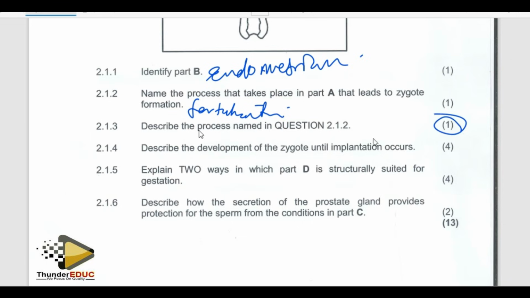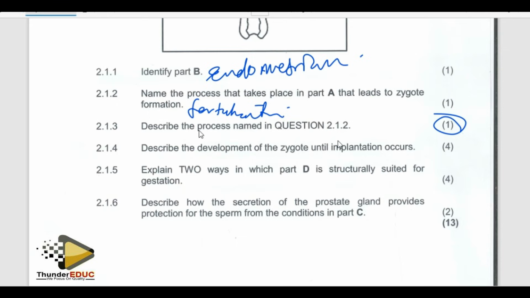Describe the process named above, 1 mark. Describe the process of fertilization. It means that you have to make it as simple as possible. Fertilization is when the haploid nucleus of the sperm fuses with the haploid nucleus of the ovum to form a diploid zygote. Simple. You can't exceed that because it's just 1 mark.